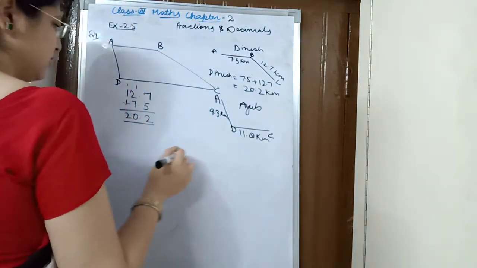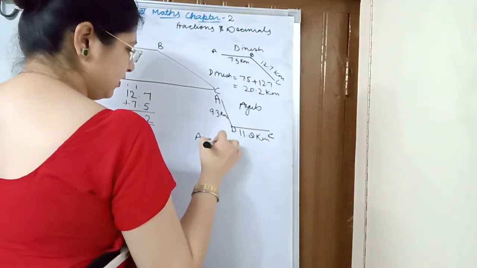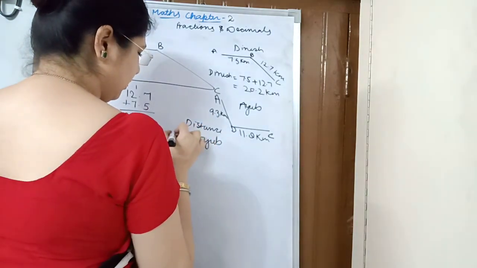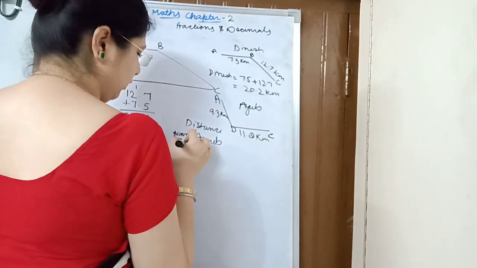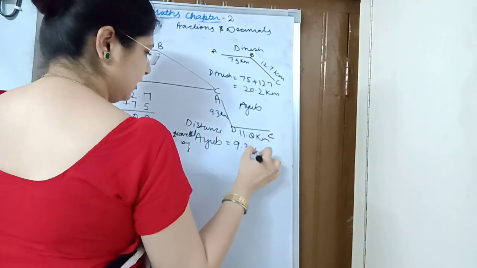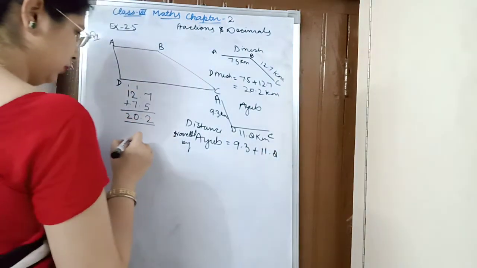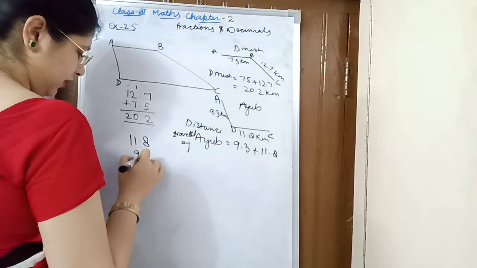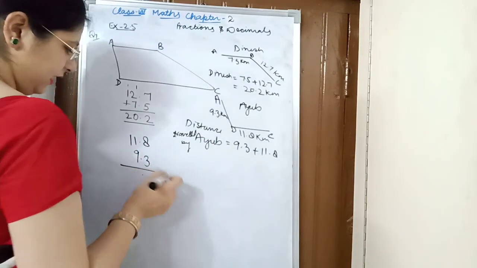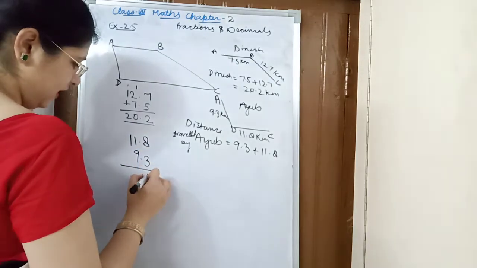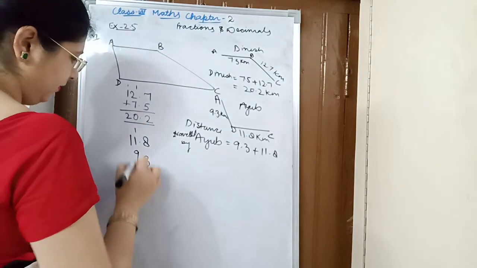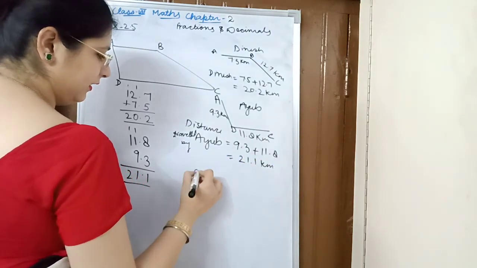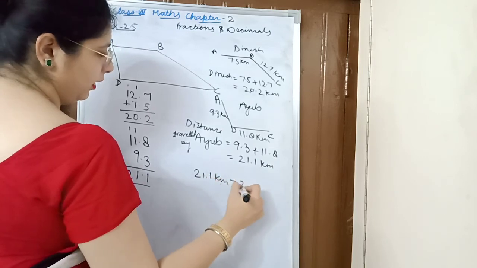Now let's see the distance traveled by Ayub. The distance traveled by Ayub will be 9.3 plus 11.8. 11.8 is a 2-digit number and 9 is a whole number of 1 digit, so 9 will come here, and decimal will be below decimal. 8 plus 3 is 11, 9 plus 1 is 10, plus 1 is 11, so 21.1. 21.1 kilometers is obviously greater than 20.2.